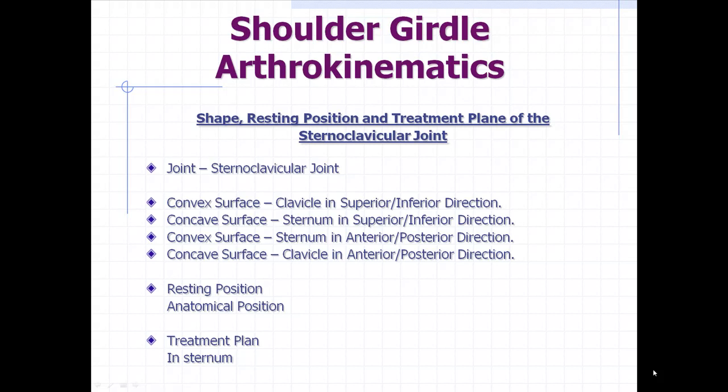On the clavicle, in a superior to inferior direction, the articular surface is convex. On the sternum, it is concave in a superior and inferior direction. In an anteroposterior direction, the sternum is convex, and this time the clavicle is concave.